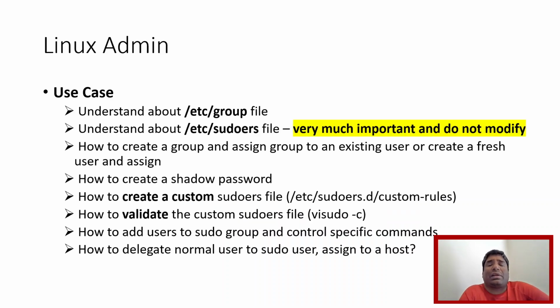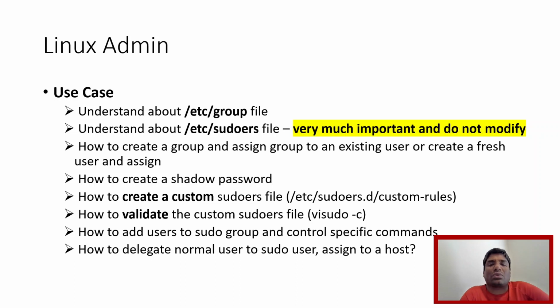As I was describing before, we want to understand how the user group file is organized and how the sudoers file is organized. Ensure that you are not going to change anything in the sudoers file. That's the key important aspect.